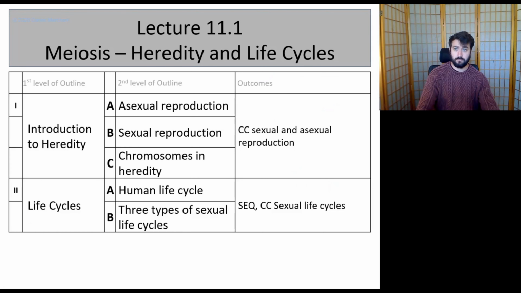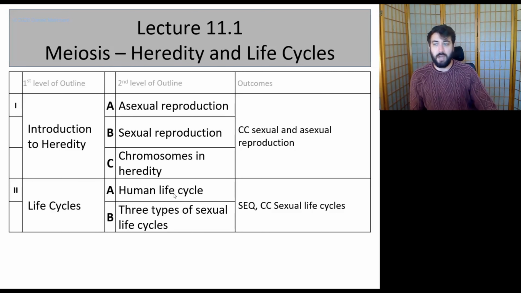Next lecture, we're going to talk about meiosis and its involvement in heredity and life cycles, which we'll also end up talking about eventually how some processes change ploidy, which will be interesting.